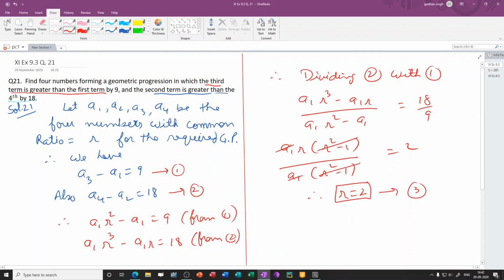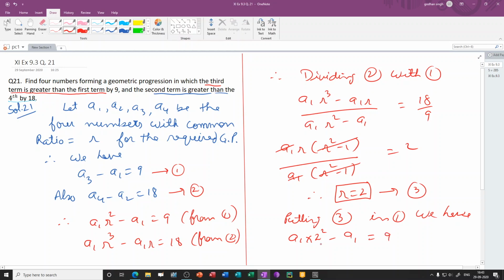So now we'll put this third one in equation number 1. Putting 3 in 1, this is our R equal to 2, we'll put in 1, so we'll be getting A1 times 2 square minus A1 equal to 9.